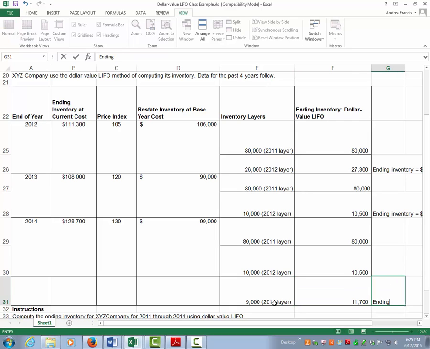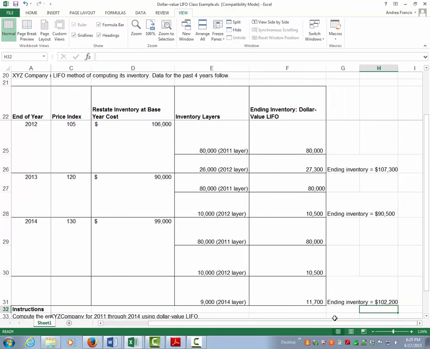So our ending inventory in this case is going to be the 80,000 from 2011, the 10,000 from 2012, and the 9,000 from 2014. And once we inflate these numbers, you've got 80,000 plus 10,500 plus 11,700, which is going to be 102,200.